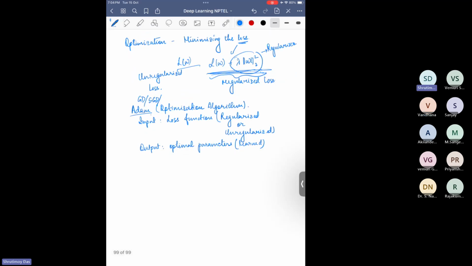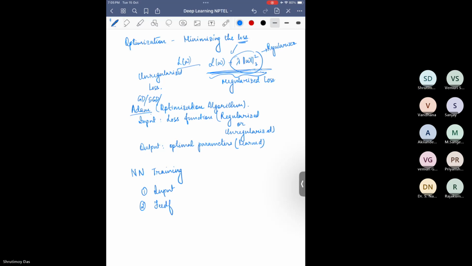So the general process is this. Let me say I have a neural network training. First I give the input, then I do a feed forward.